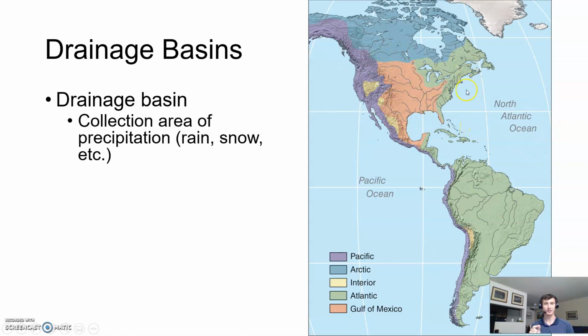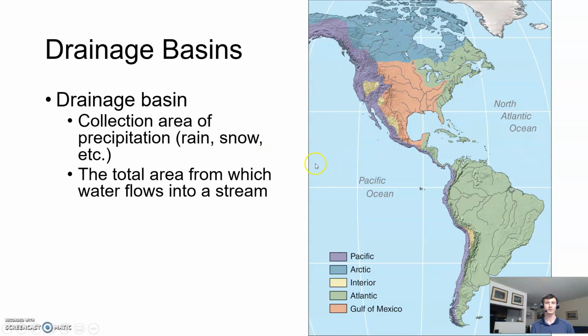Similarly, everything in the green area over here, all the precipitation which falls there, one way or another, eventually over time makes its way into the Atlantic Ocean. So these drainage basins are the total area which all flows into the stream and eventually to the big reservoirs, which are our oceans and Gulf of Mexico.